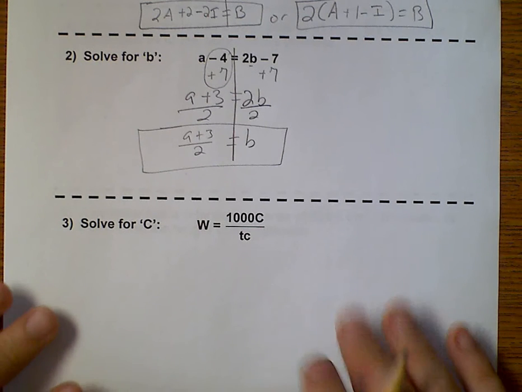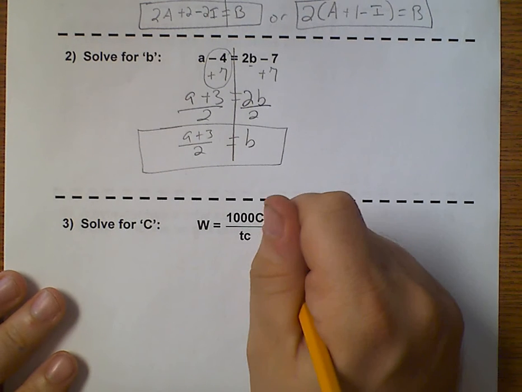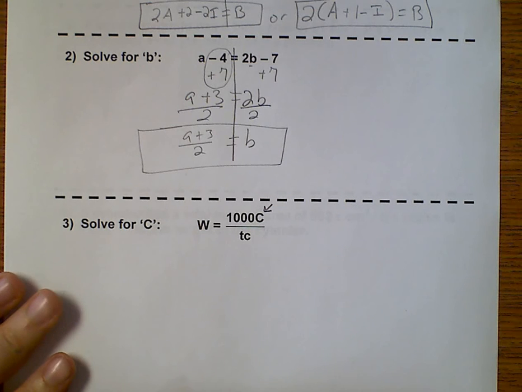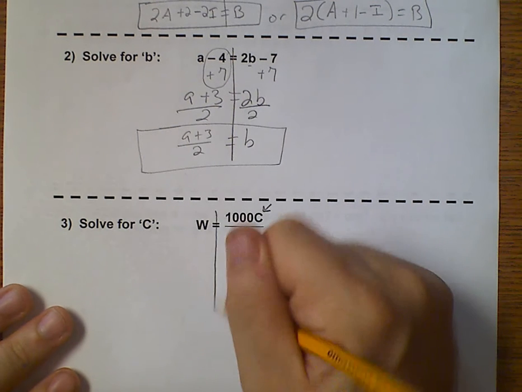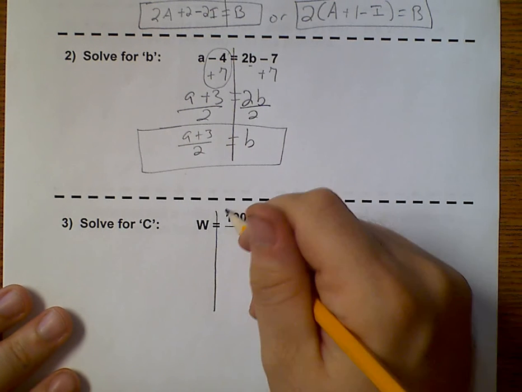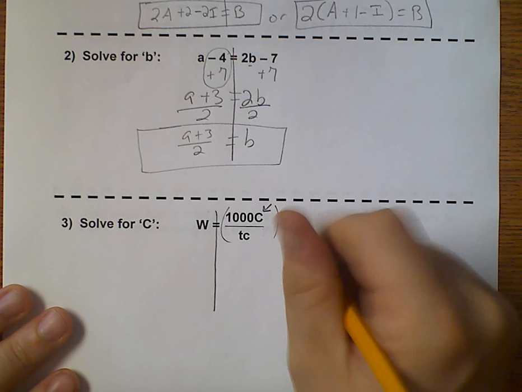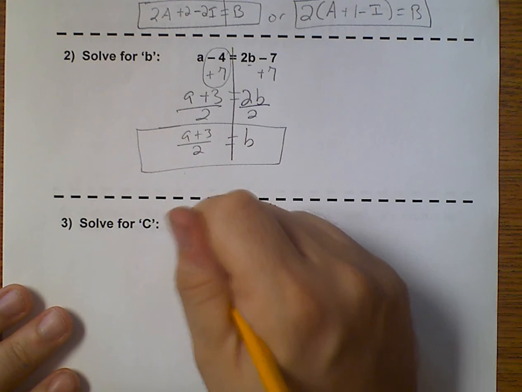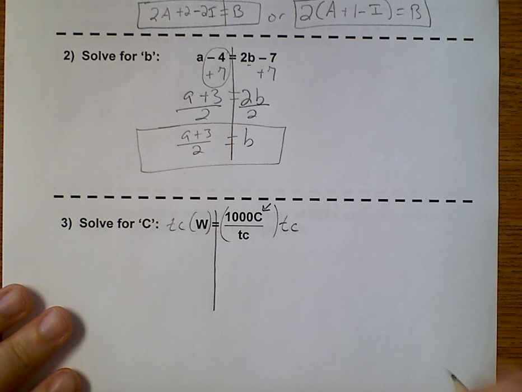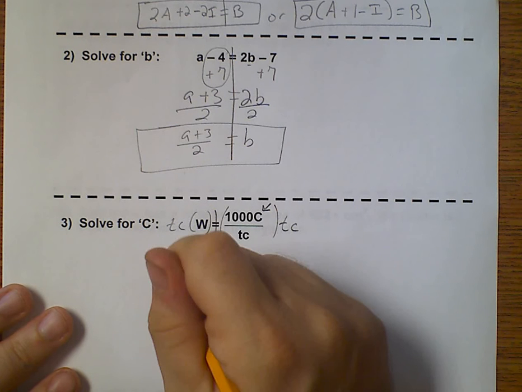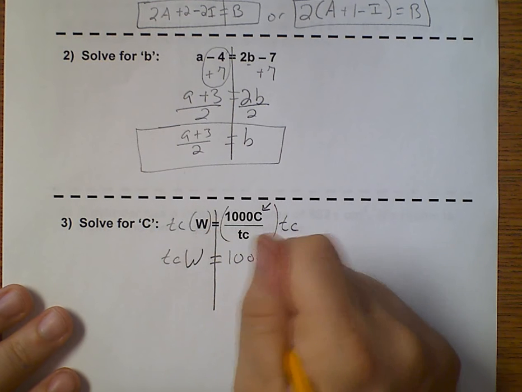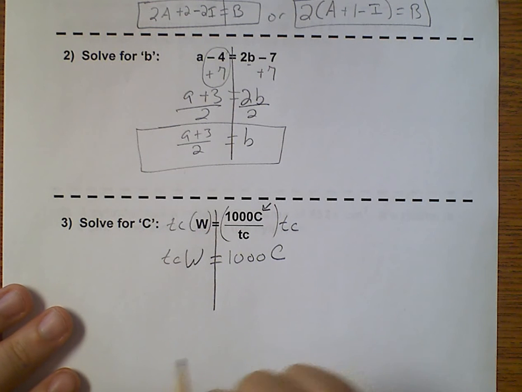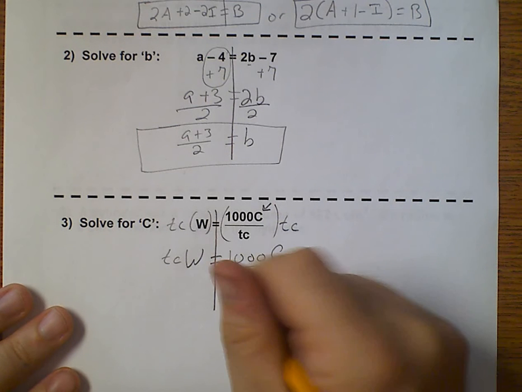Go ahead and move over to number 3. Here they want us to solve for the capital C, not the lowercase one. So that means we've got to get rid of the denominator. We'll do that just by multiplying by TC. And so now we get that TCW equals 1,000 big C. To break off that 1,000, we simply divide.